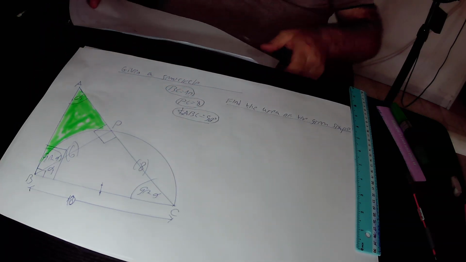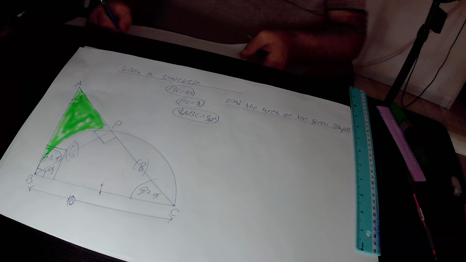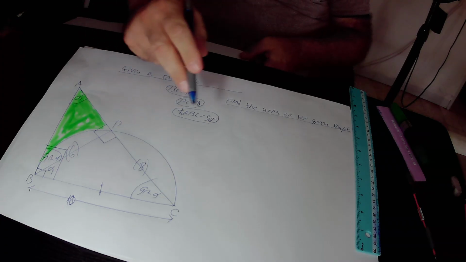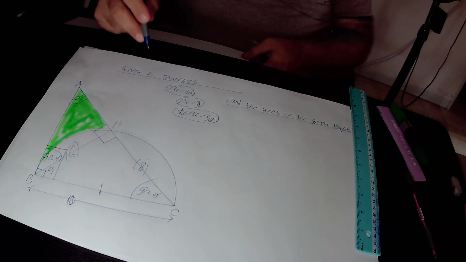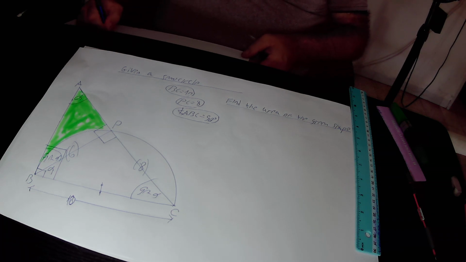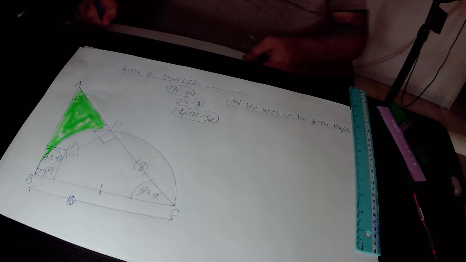AB is the missing side, so we leave it, over BC. BC is 10, and it is equal to AP. AP is the missing side, so we leave it, over PB. PB is 6, and it is equal to PB, which is 6, over PC.